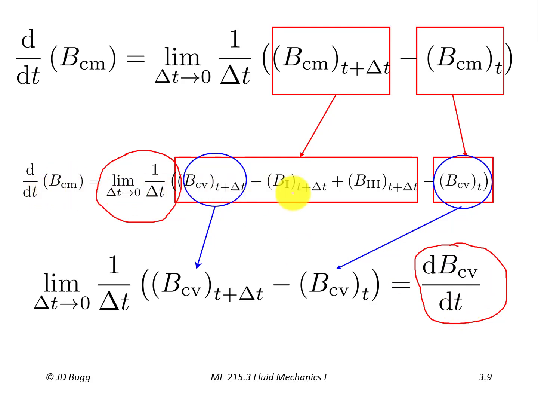So when we rewrite this equation on the next slide, we'll be able to replace this term and this term with the derivative of B in the control volume with respect to time. So that's what we're going to do. The first and last terms here will be rolled into this derivative.